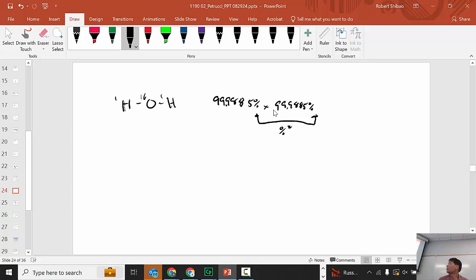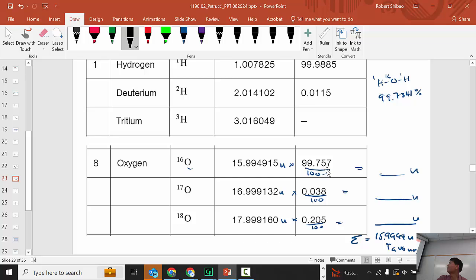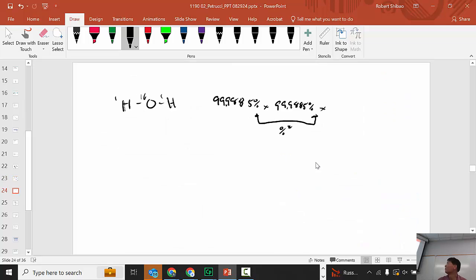We could try to get rid of the percent squared by either converting it into decimal form or fractional form. You could choose to put the oxygen as percentage and the other hydrogens as fraction. Yes, that's a good suggestion. We could put the oxygen as a percentage and leave that there, 99.757%.